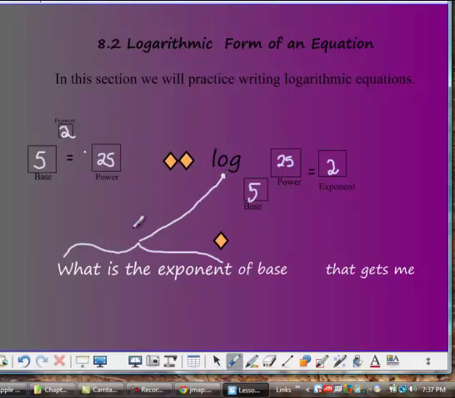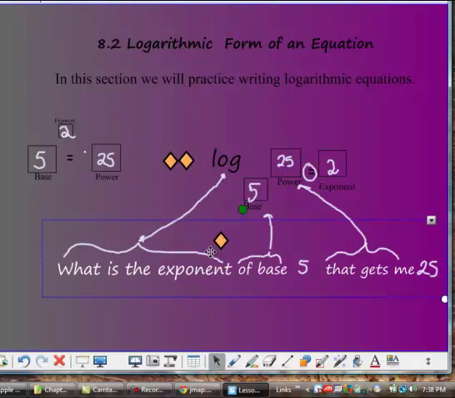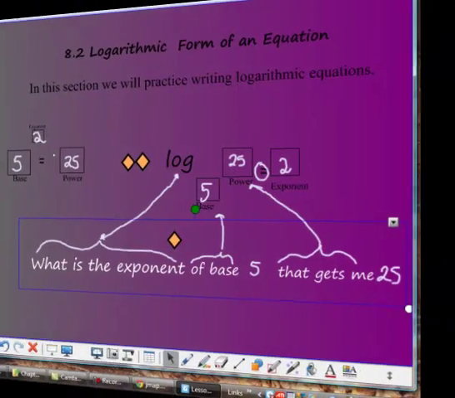I substitute in the phrase, what is the exponent of base 5 that gets me 25? That's what this problem is saying. What is the exponent of base 5 that gets me 25? The answer is 2. Yay!